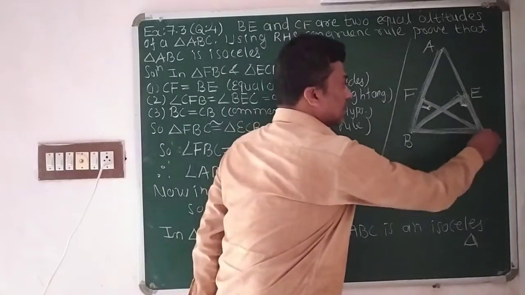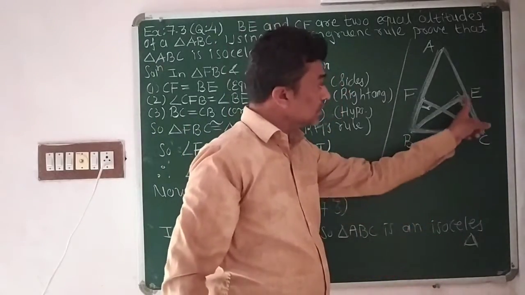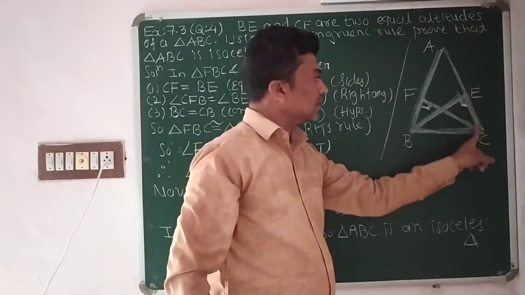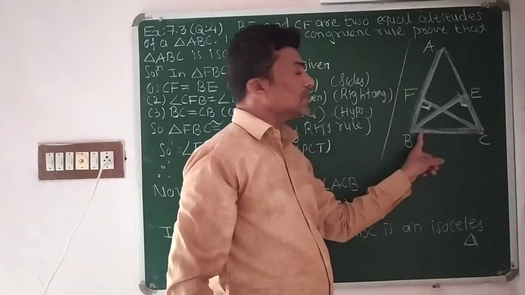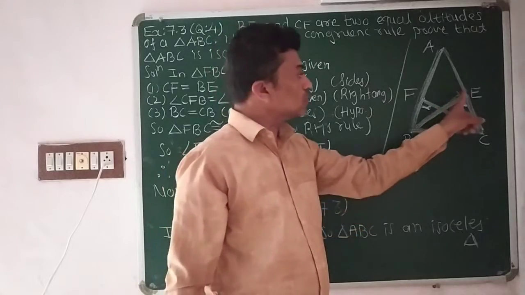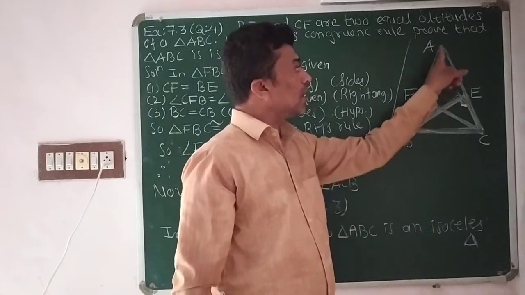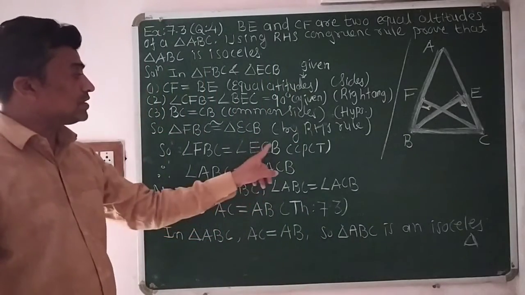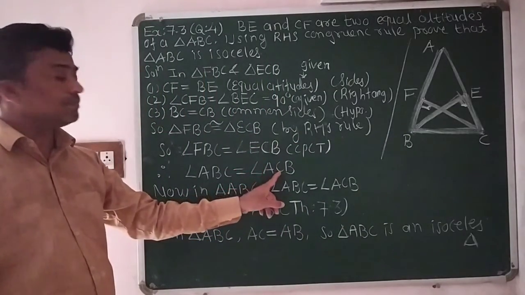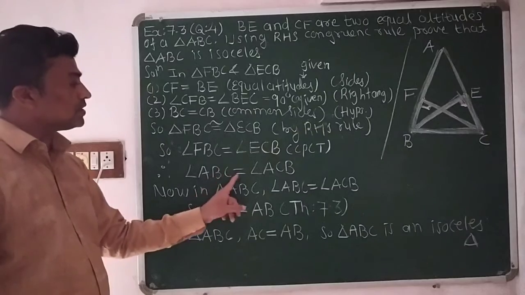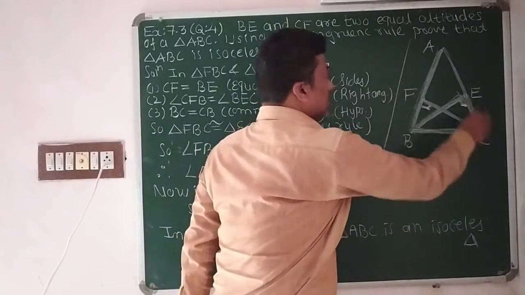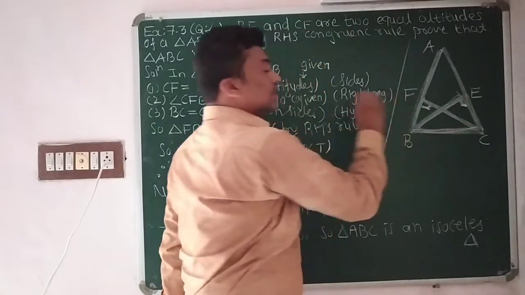This is angle ECB and this is angle ACB. Angle ECB and angle ACB both have the same measurement. So instead of angle ECB, I can write angle ACB. Means angle ABC is equal to angle ACB.